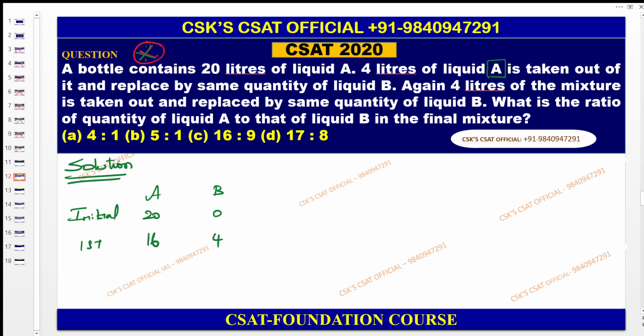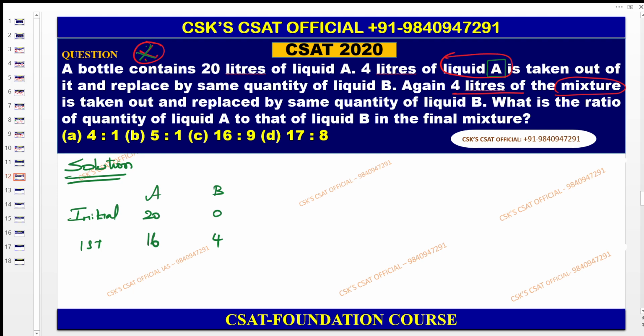Again, very important, try to understand this one. Again, 4 liter of the mixture. Okay, this is the word, very important. Mixture is different from the liquid A. So here they are mentioned as a liquid A, but here again the mixture. Mixture means both here.